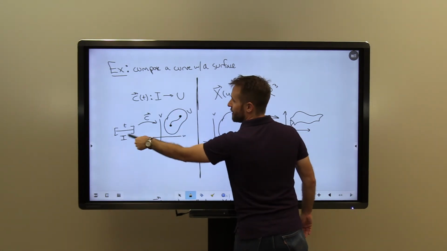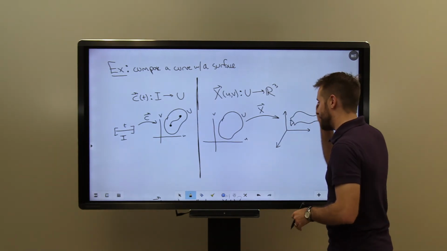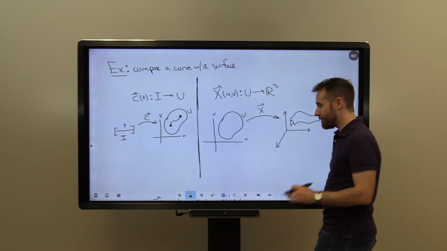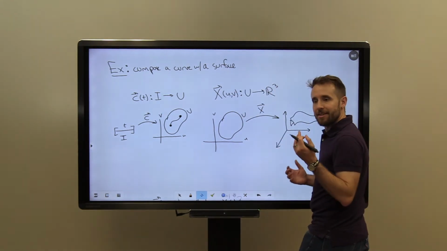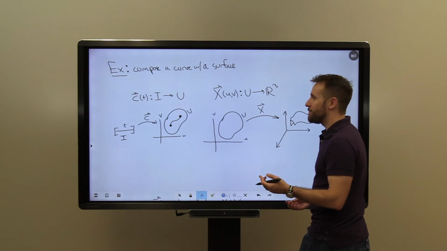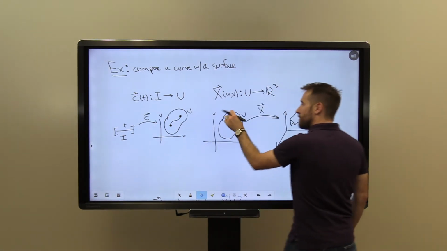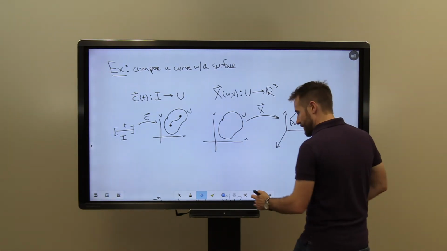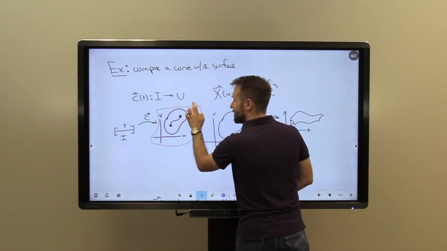Maybe the image of this parameterized curve is here inside the set U. What I'm going to do is compose these functions together, creating the composition that takes elements of t, maps them into U, and then maps those elements into three-dimensional space. Let's reorganize this board really quickly to see what that would look like.